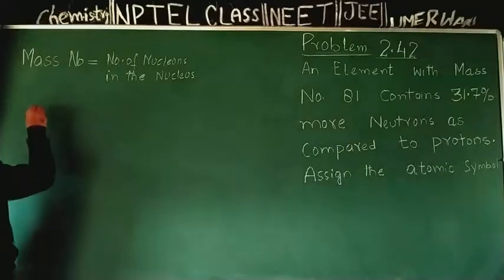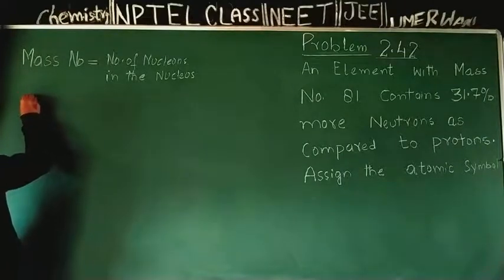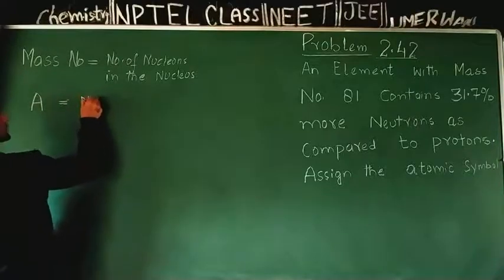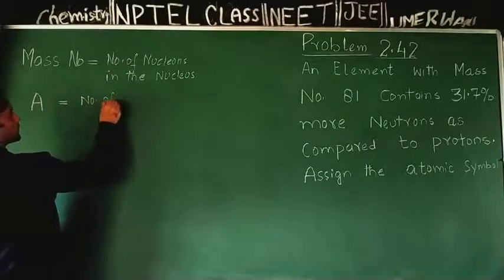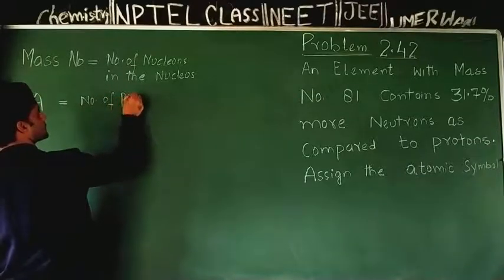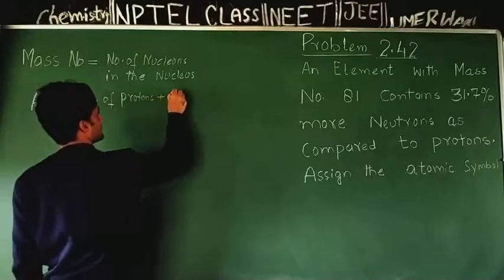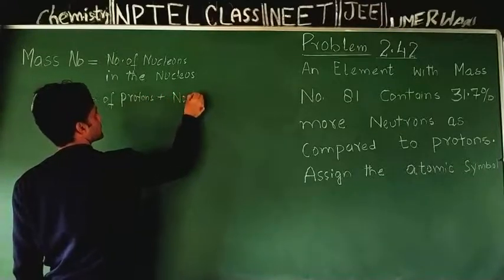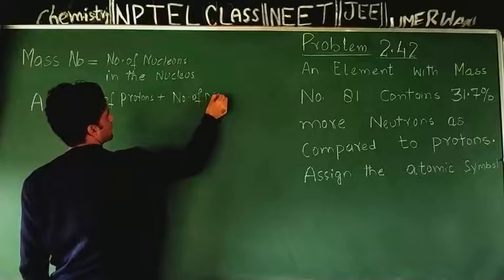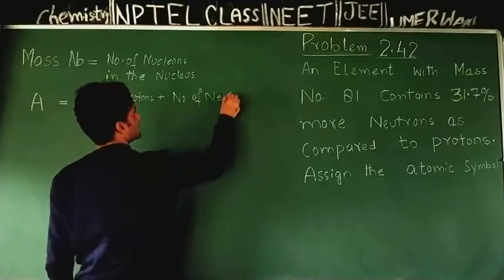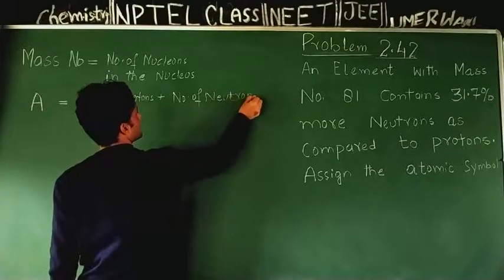Mass number is represented by capital A and is equal to number of protons plus number of neutrons.